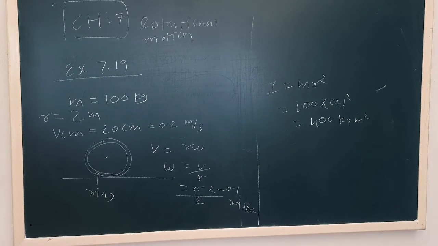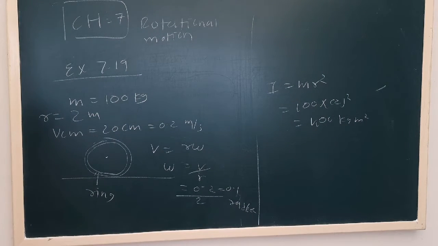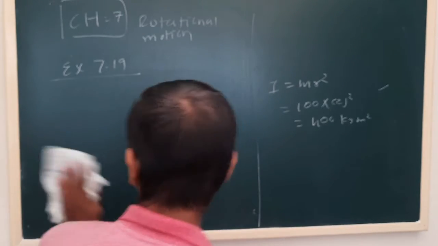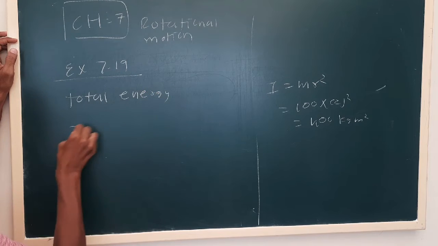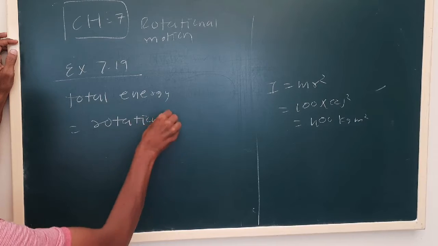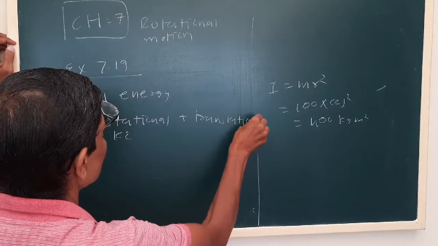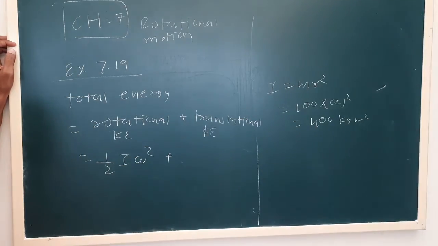Now we have to calculate total kinetic energy. Here it is the rotational kinetic energy plus translational kinetic energy. That is the total energy. Rotational kinetic energy is half I omega square.